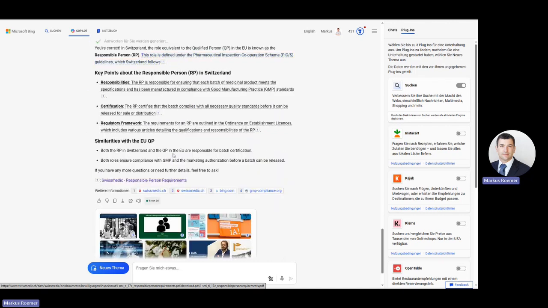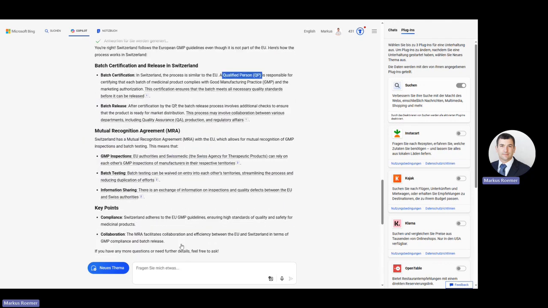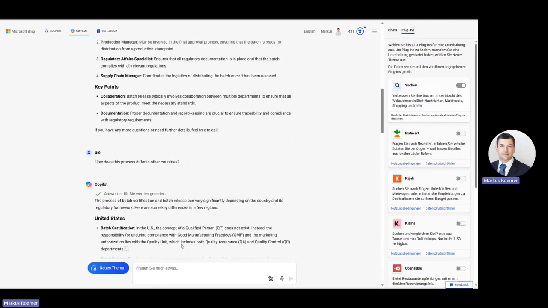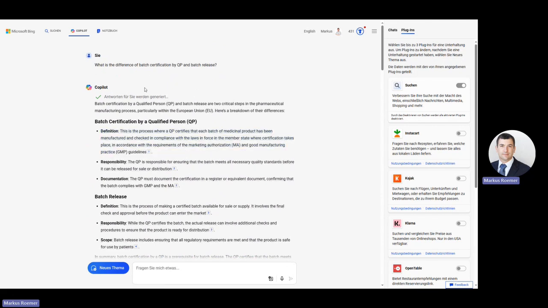So we could go on with that here. You see also other questions, like what qualifications are required for the RP in Switzerland, responsible person. Quite very interesting. Copilot is giving quite good answers if you know how to ask the right question. So here again, what is the difference of batch certification by QP and batch release? And that was the session for today.